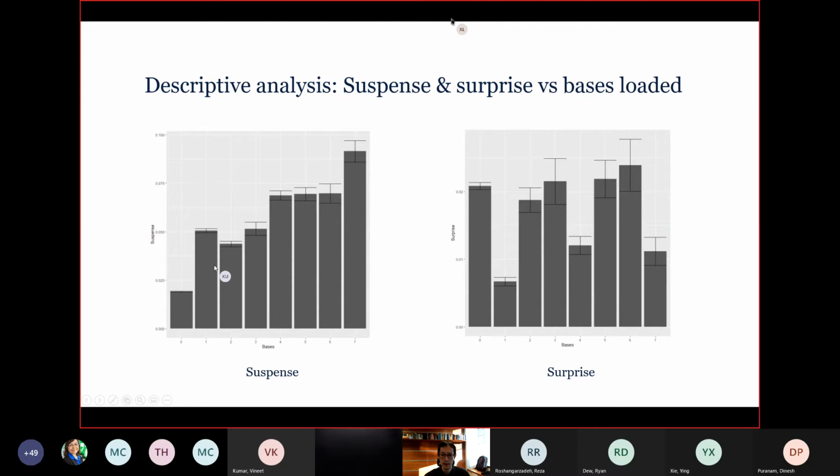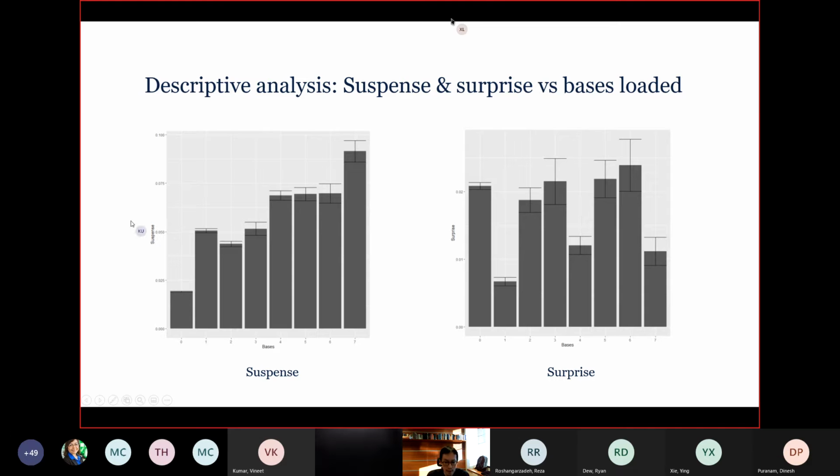So I'm going to show you a few descriptive statistics about the relationship between suspense, surprise, and game features. This is bases loaded versus suspense and surprise. 7 is fully loaded and 0 is nobody on base. In terms of suspense, we see increasing patterns. If more bases are loaded, the suspense is going to increase.